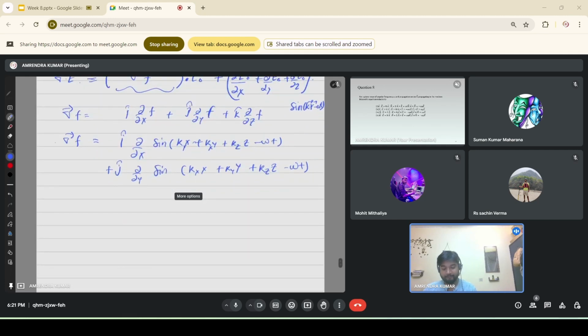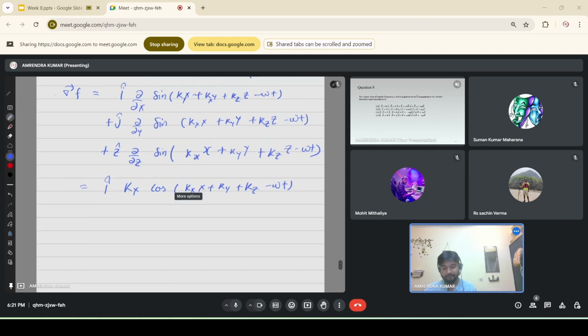And similarly for j, del over del y sine of kx x plus ky y plus kz z minus omega t. And again we have the z component, del over del z sine of kx x plus ky y plus kz z minus omega t. And now when we do this derivative, we have this i, and del over del x is nothing but kx cos of kx x plus ky y plus kz z minus omega t.